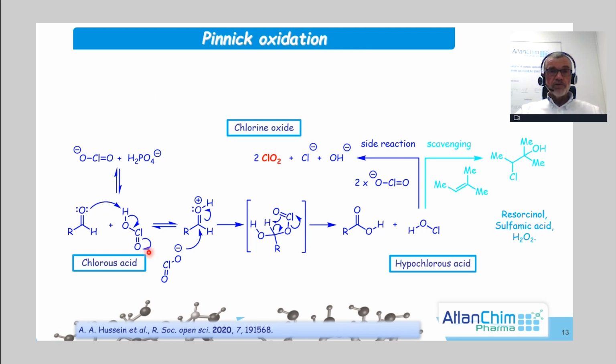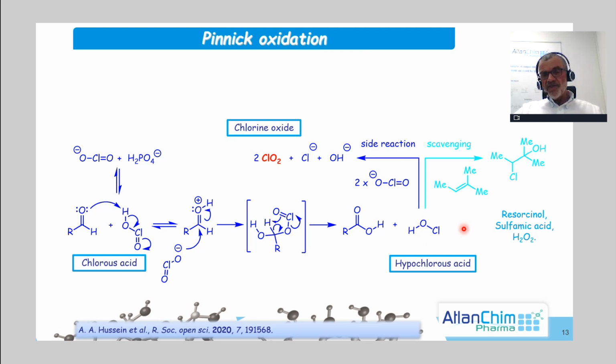It has been proposed that the reaction mechanism begins with a protonation of the aldehyde by chlorous acid here, formed in situ from sodium chloride under acidic conditions, to give this first intermediate, followed by an attack of a chloride ion on the carbonyl group to form this chloride hydroxyallyl intermediate, which undergoes pericyclic fragmentation to release the carboxylic acid and hypochlorous acid as a byproduct.